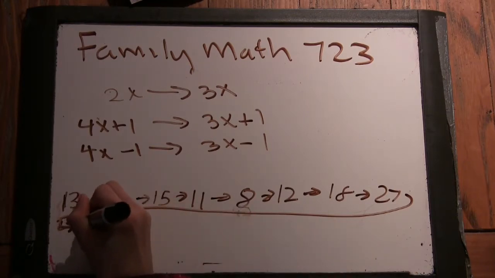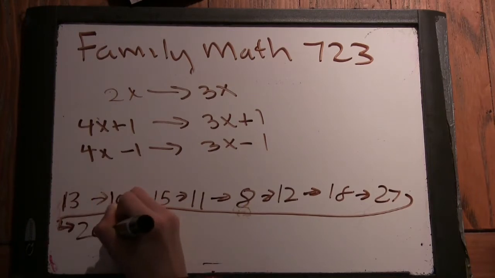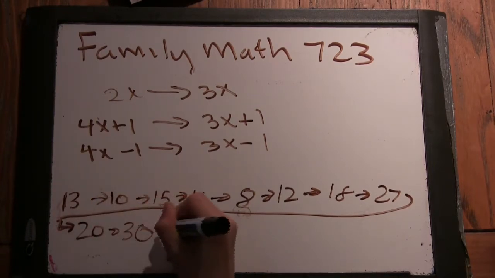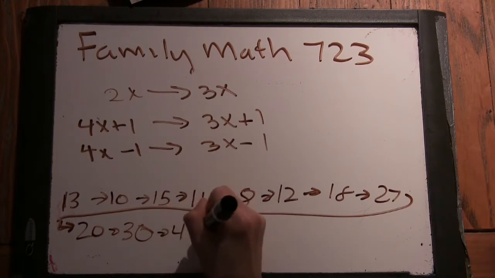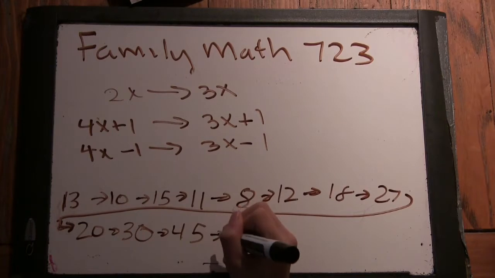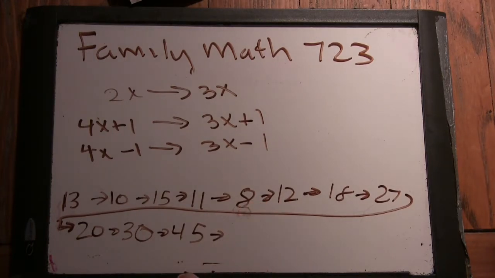So it goes to 20, 30, 45. This doesn't look like it's going to ever end. Not like our other one where it seems to go to 1. Okay. Maybe it's a different loop.